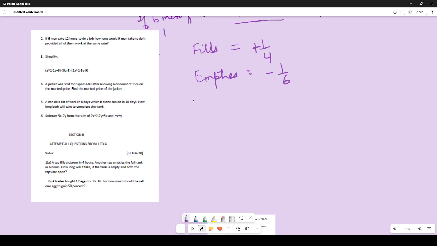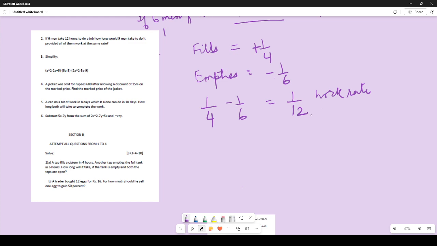So what do you get the total work rate as? The filling part is 1/4 and 1/6 is the emptying part. So we find that in an hour, when both of them are open together, this will be their work rate.